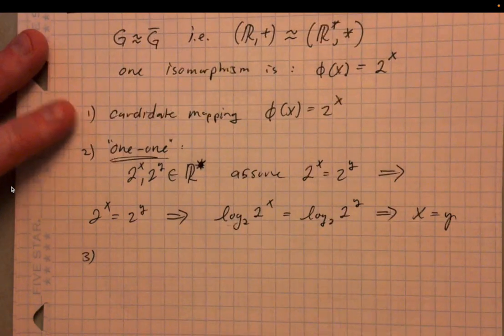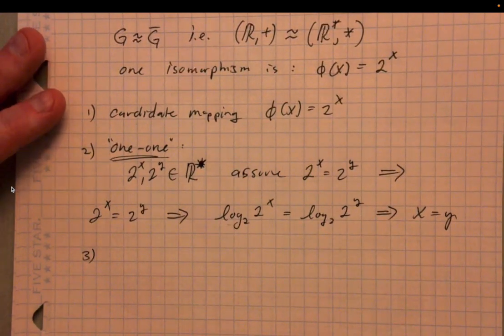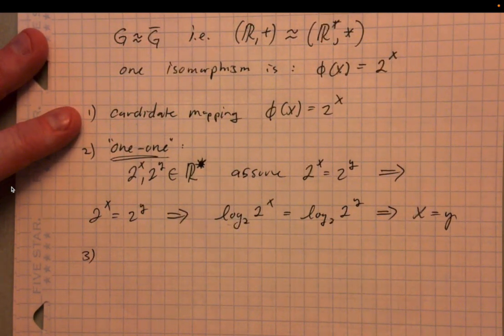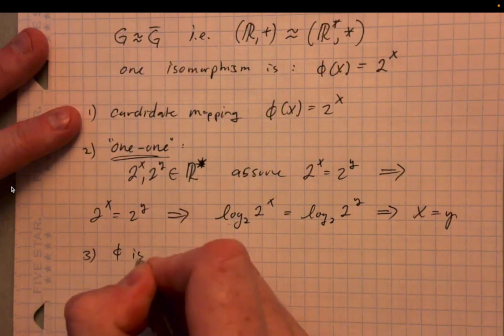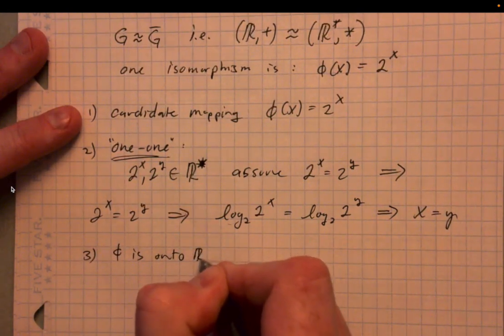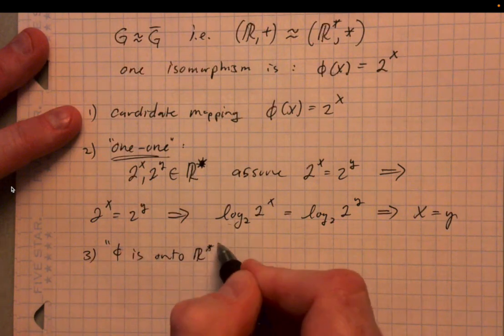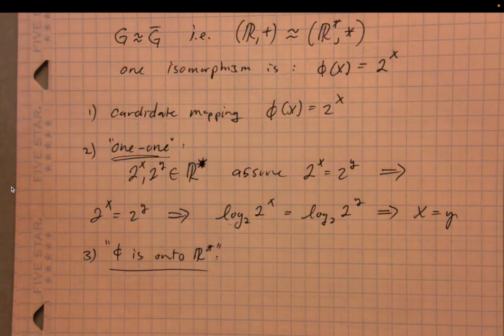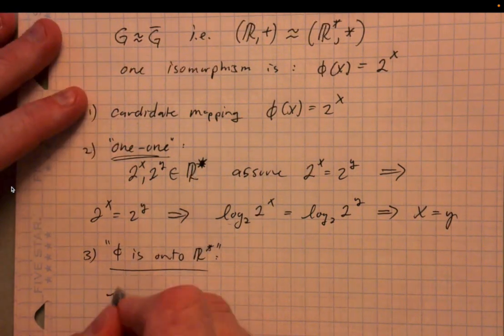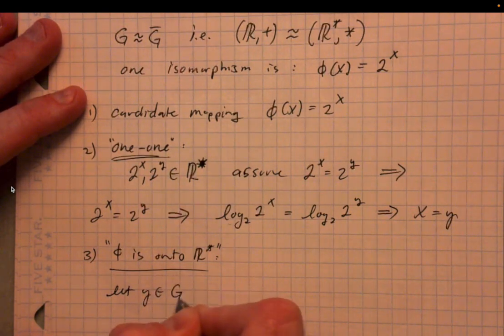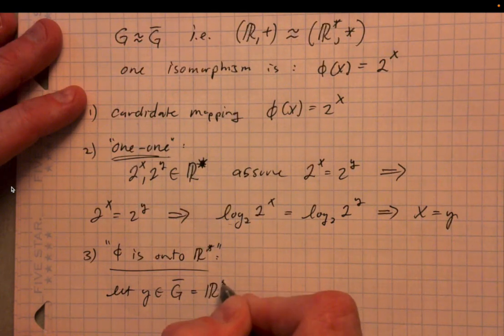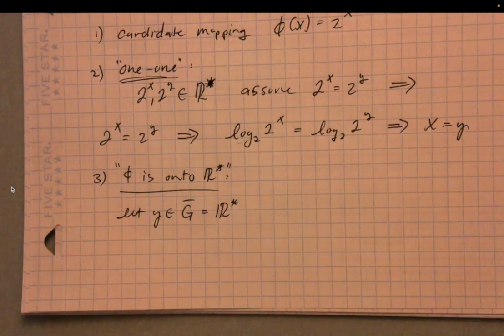Thirdly, we need to show that the mapping phi is onto, in this case onto R star. So how do we do this? Let y be in G bar, which is R star.